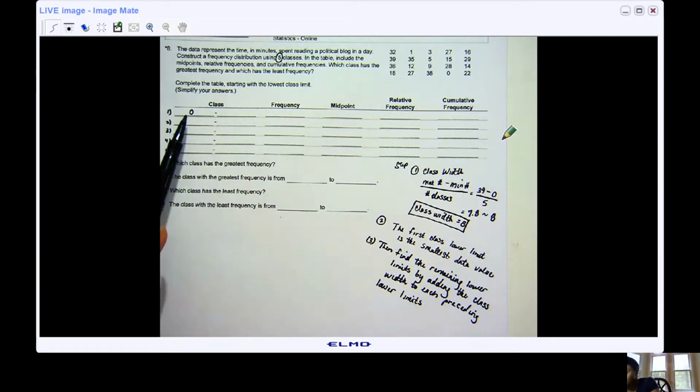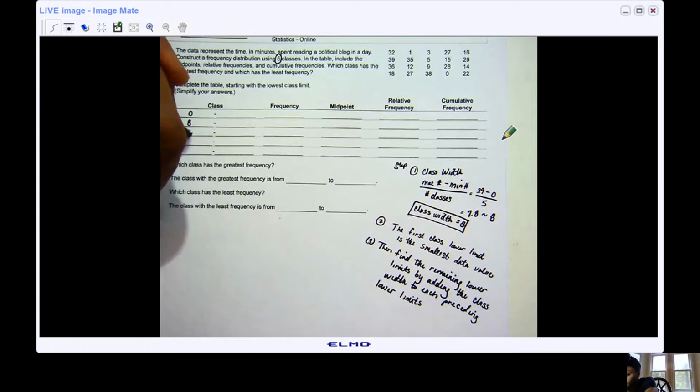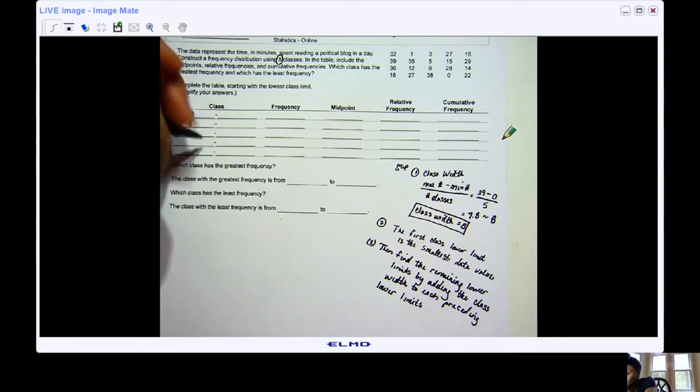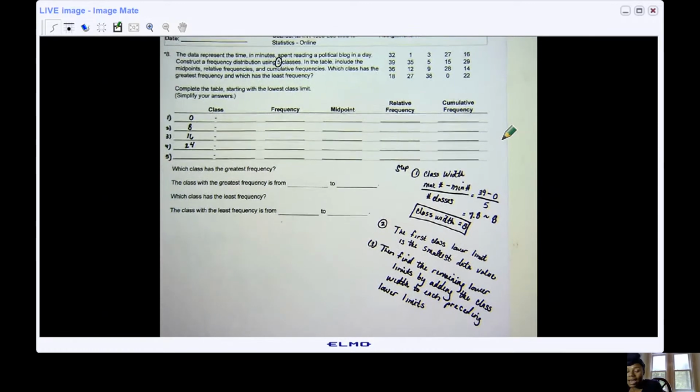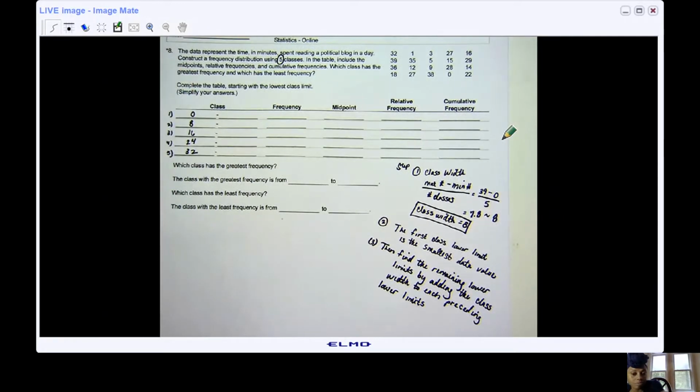So if we add the class width to 0, 0 plus 8 is 8. 8 plus 8 is 16. 16 plus 8 is 24. And then 24 plus 8 is 32. So we took that first lower limit and added the class width to get the next one, and then added the class width again to get the third one, the fourth one, and the fifth one.